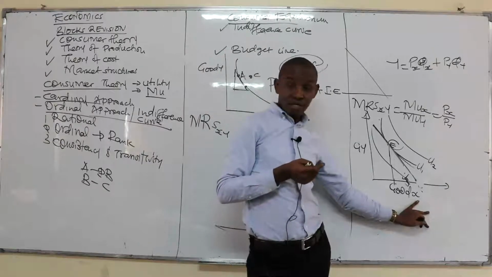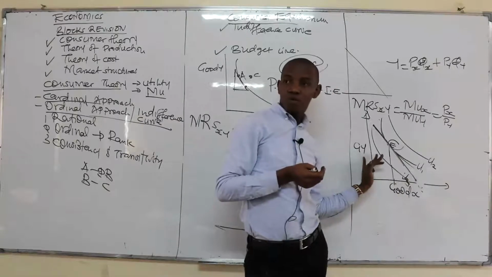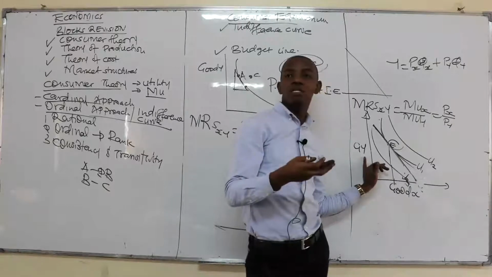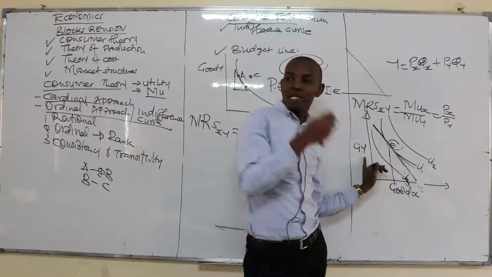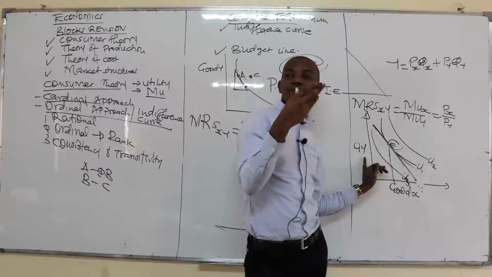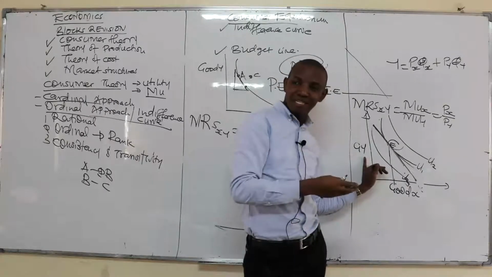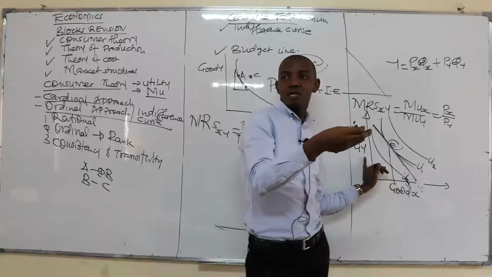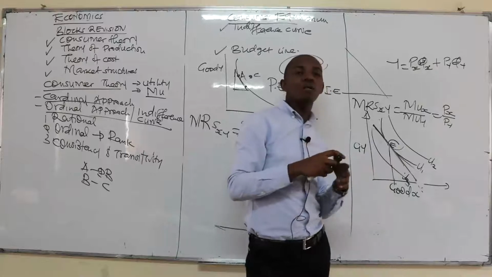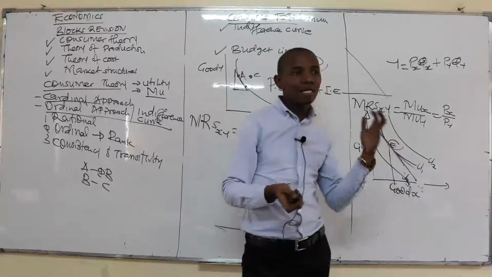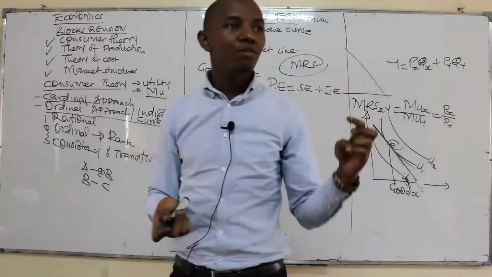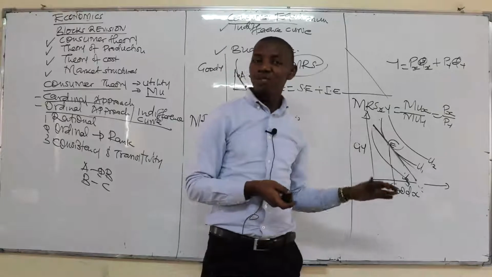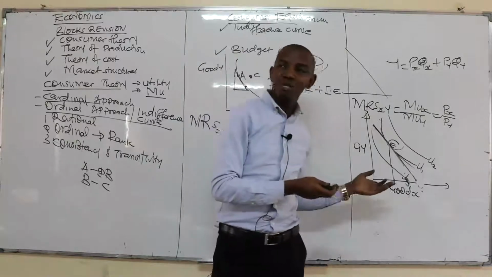Same case with Y. More of good Y can be consumed or less, depending on whether the price has gone up or come down. However, if it goes up, at the end of it you will have to consume. But in this case the consumer will consume them as his income increases. If it increases, it means they have more of them and they will be bought. If it reduces, it means you'll just consume less of those two commodities.